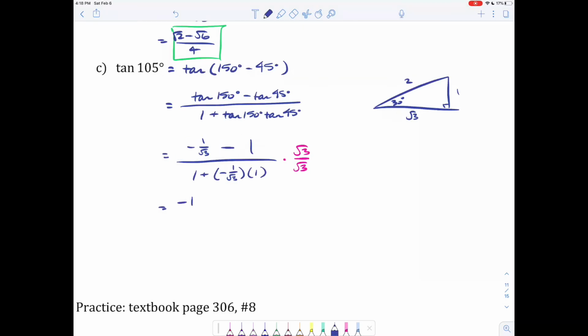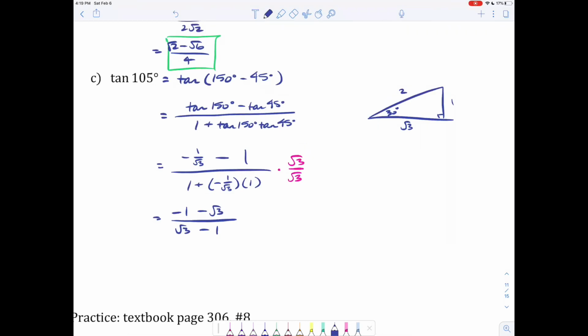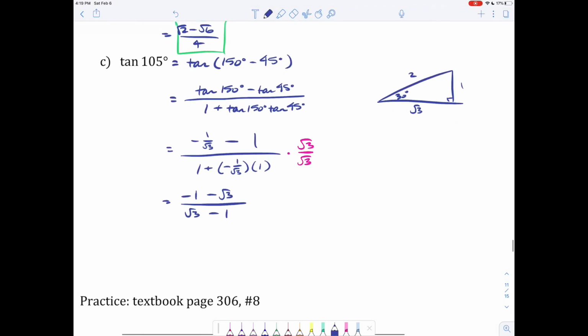This times root 3 is negative root 3. On the bottom, 1 times root 3 is root 3, and 1 over root 3 times root 3 would be just 1. And to rationalize this, we'll have to multiply by the conjugate of that denominator.